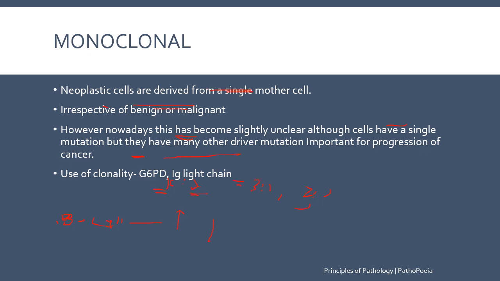Normally, whenever there is proliferation of B cells, there is a proportionate increase in the kappa and lambda light chains so as to balance this ratio. But in case of B cell lymphoma, this is altered and disturbed. That is monoclonality.